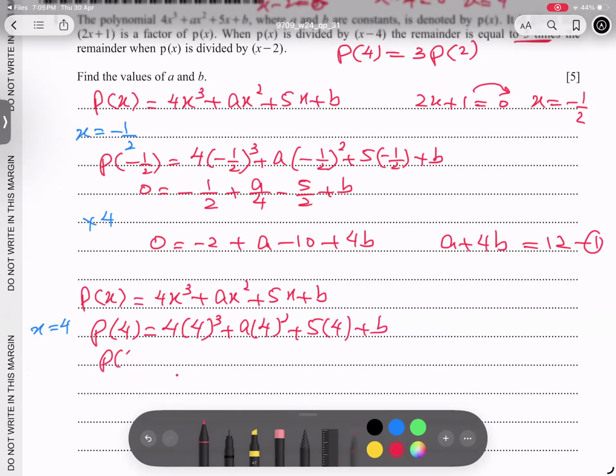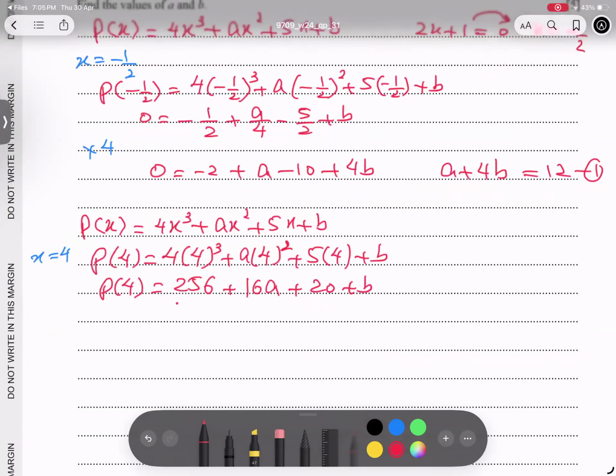And I'm not doing anything with the P of 4. So here 4 to power 4 is 256. And 4 to power 2, so I'm getting here 16a, 20 and plus b. And finally, I got 276 plus 16a and plus b.